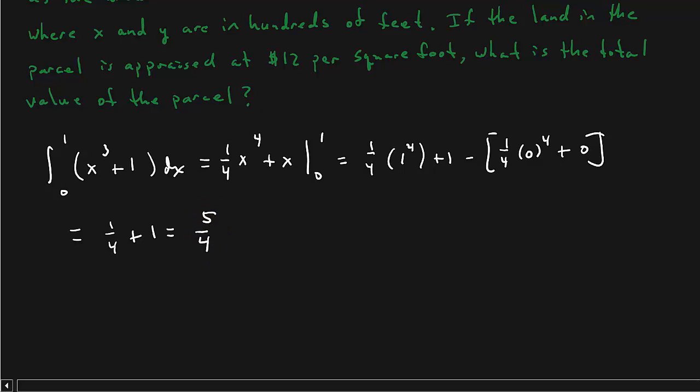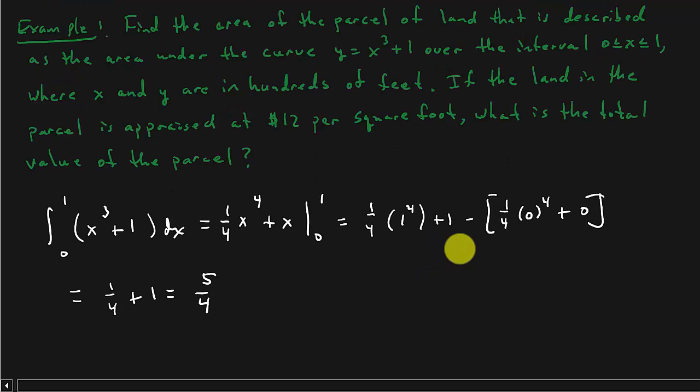All right, so just remember, well, let's read on in the problem. So over the interval 0 to 1, where x and y are in hundreds of feet, if the land in the parcel is appraised at $12 per square foot, what is the total value of the land?